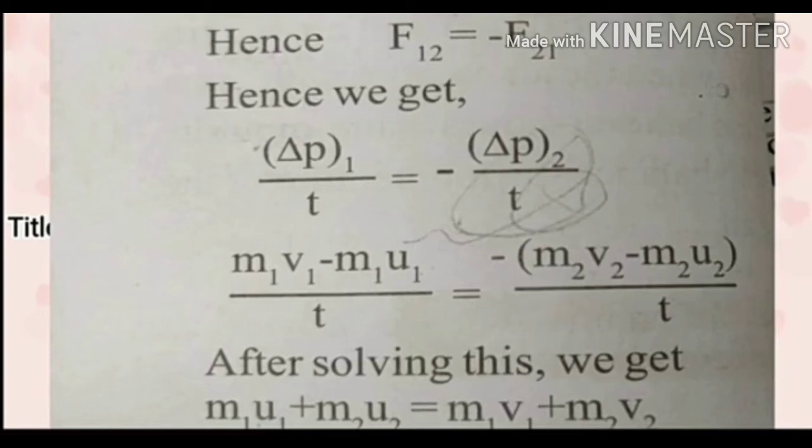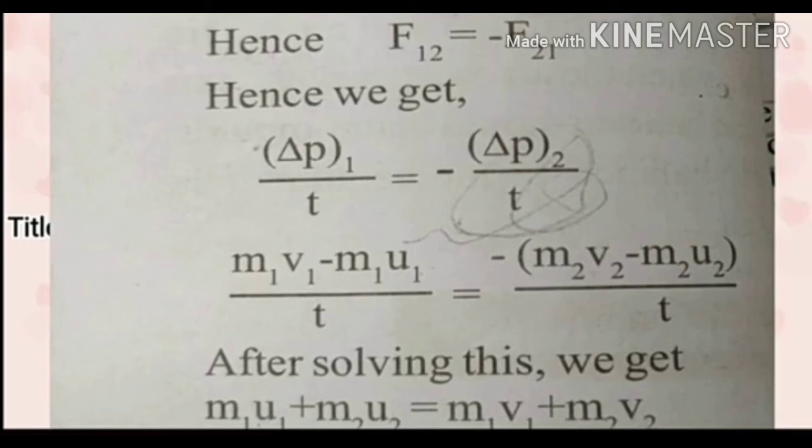The same values I have substituted here, and after solving it, cancelling the T and taking the negative signs, you will get m1 v1 plus m2 u2 equal to m1 v1 plus m2 v2.